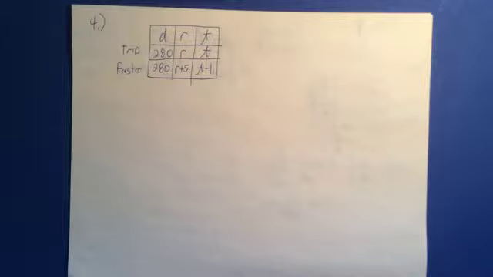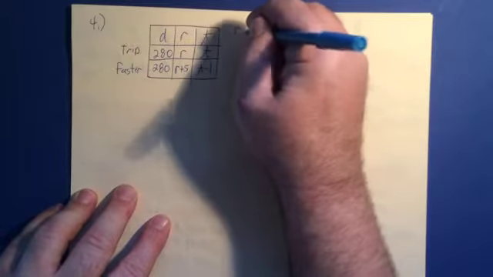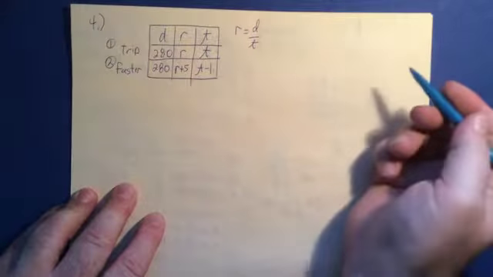So for this one again, we're going to go ahead and solve for r. So we're going to use the formula r equals d over t. So we've got the original trip and then we've got the faster trip.